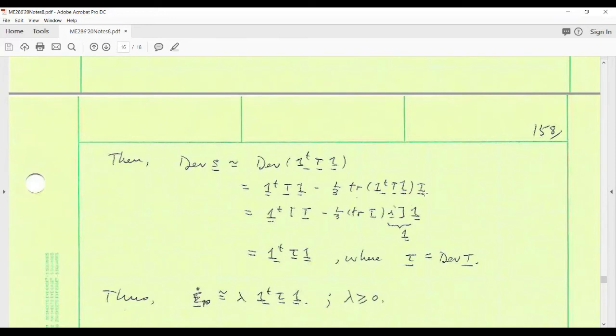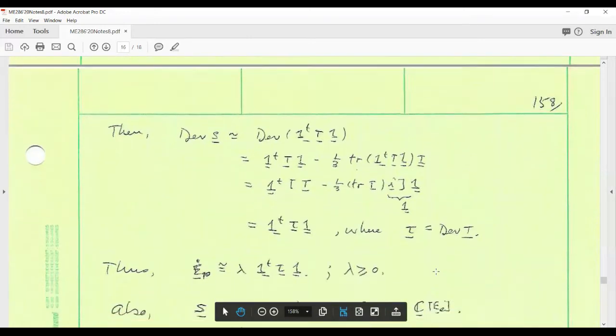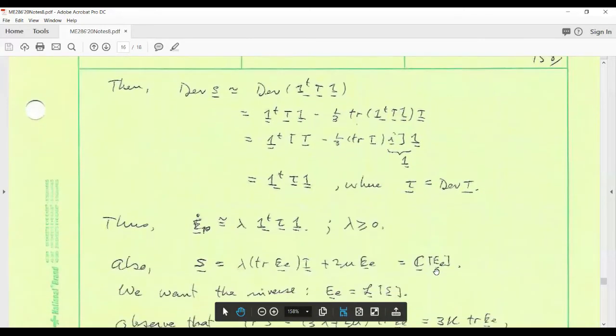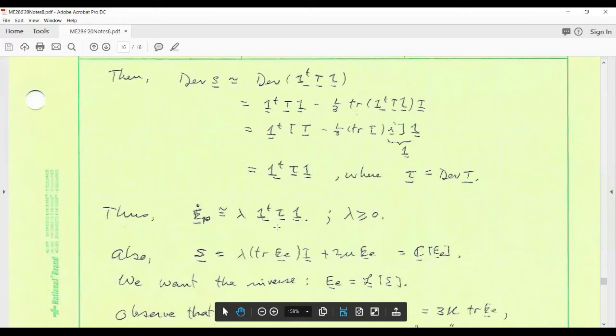Let's see, I can write the referential identity as shifter transpose times shifter, and I can write the shifter as the spatial identity times the shifter. And then I've just got a square bracket here, which is the deviatoric part of the Cauchy stress. So the deviatoric part of S is approximated by the shifted version of the deviatoric Cauchy stress. Put that in the flow rule and we get this.